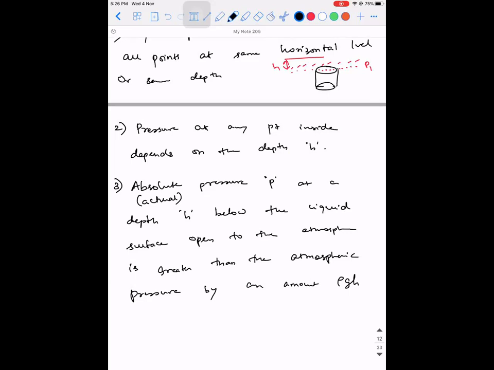Okay. The excess pressure, that is P minus PA, is called gauge pressure.